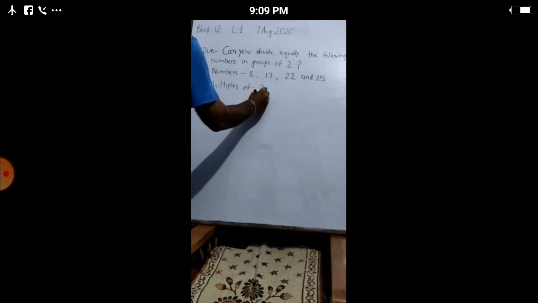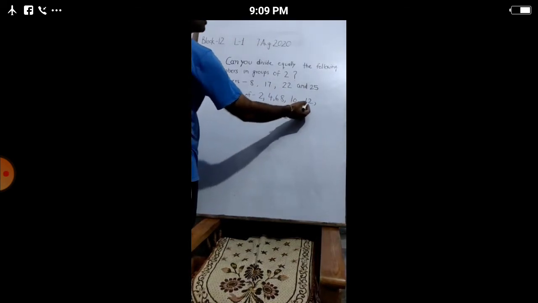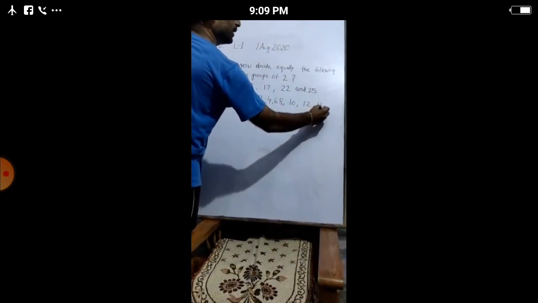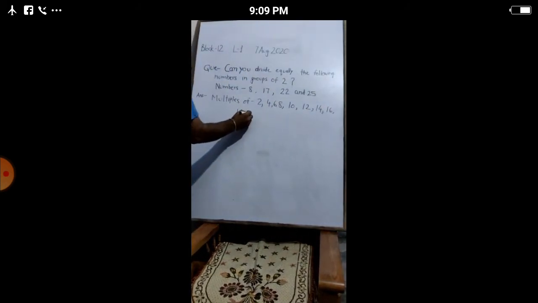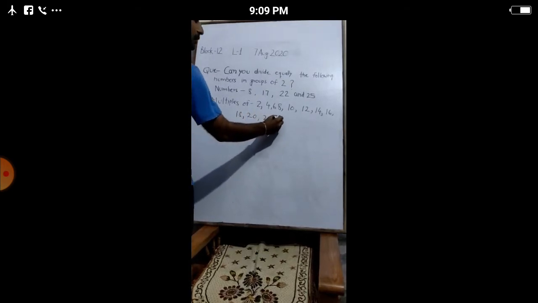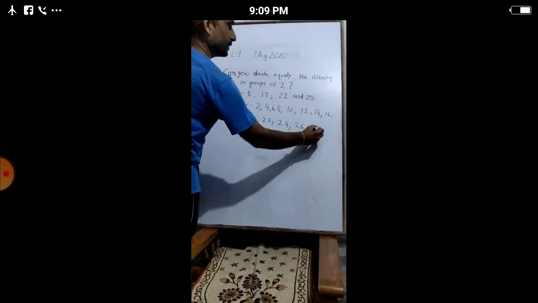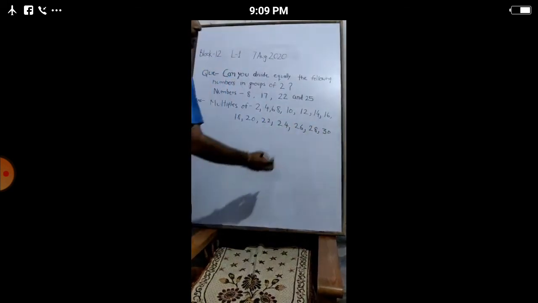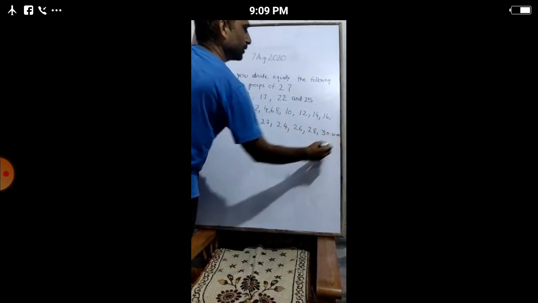You know 2, 4, 6, 8, 10, 12, 14, 16, 18, 20 and children 22, 24, 26, 28, 30 and so on. Here, so on means we will continue.